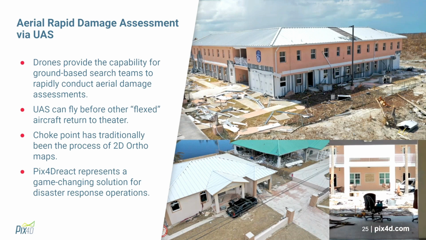So aerial rapid damage assessment via UAS drones provides the capability for ground-based search teams to rapidly conduct aerial damage assessments. And basically, UAS can fly before other flexed aircraft return to the theater.